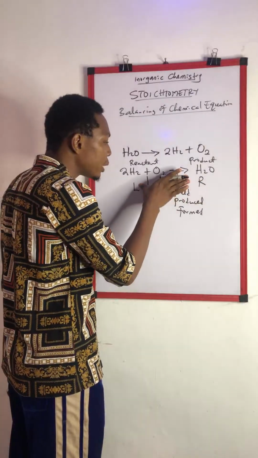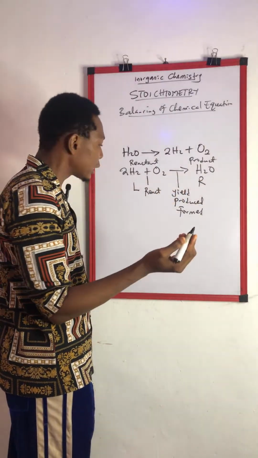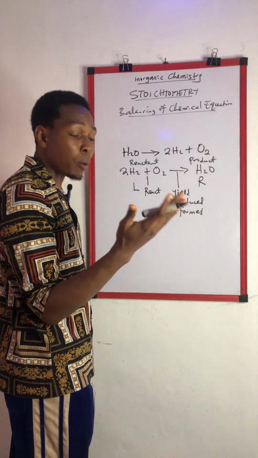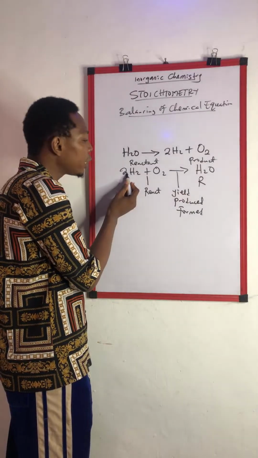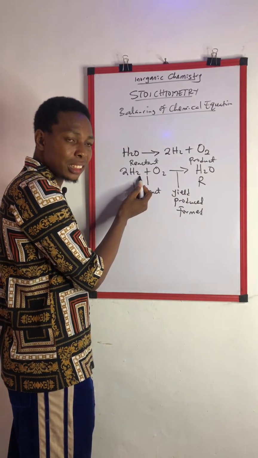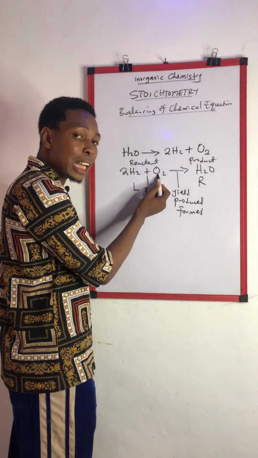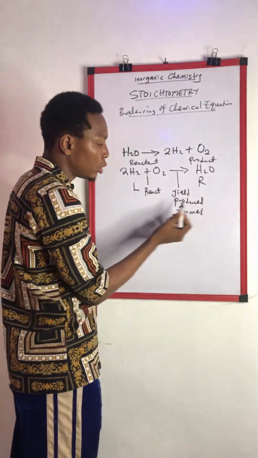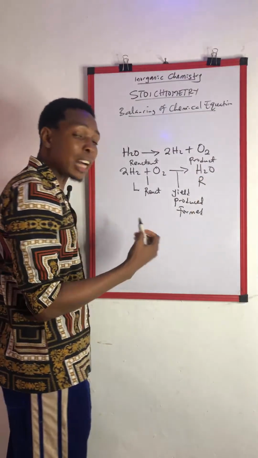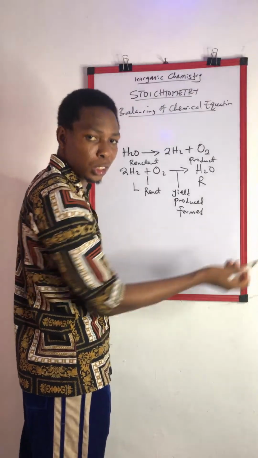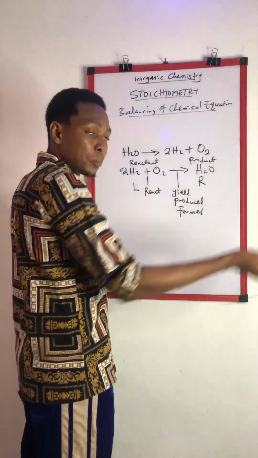When it comes to this one, this plus sign here represents reacts. If you want to put it in terms of chemical reaction, you can simply say 2 molecules of hydrogen gas react with oxygen gas to yield. Either use the word to yield, to produce, or to form.